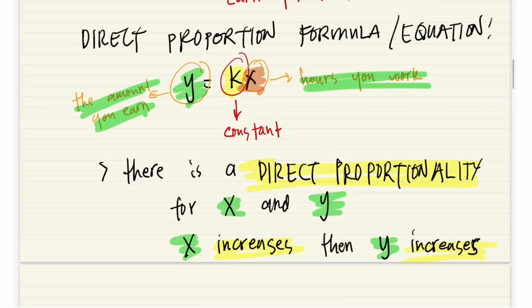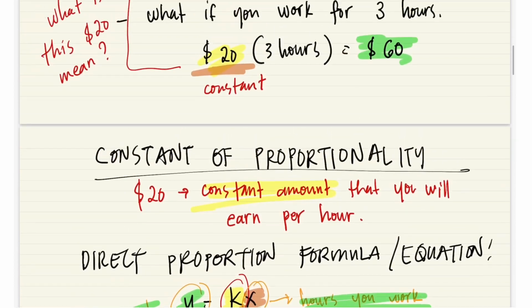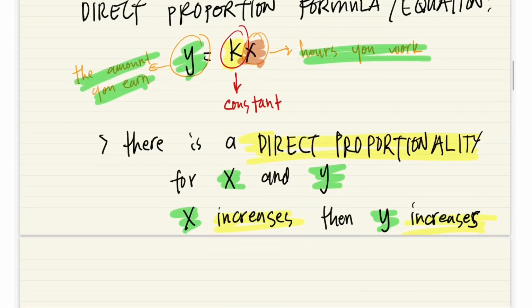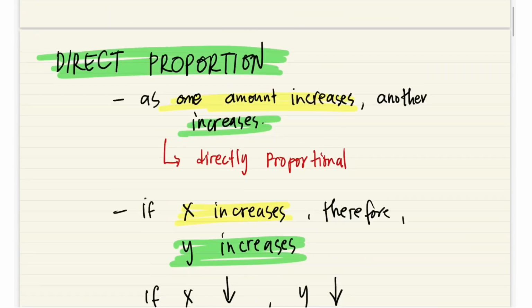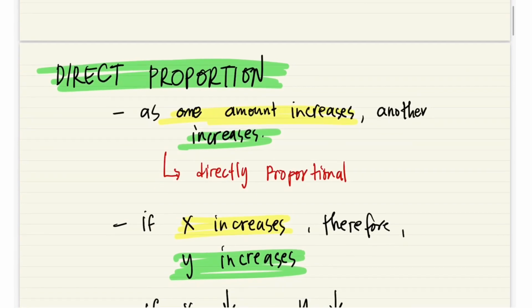Correct? Are you following? All right, so that is what you mean by direct proportion. There is a direct proportion between two amounts, your x and y. If x increases, therefore your y also increases.